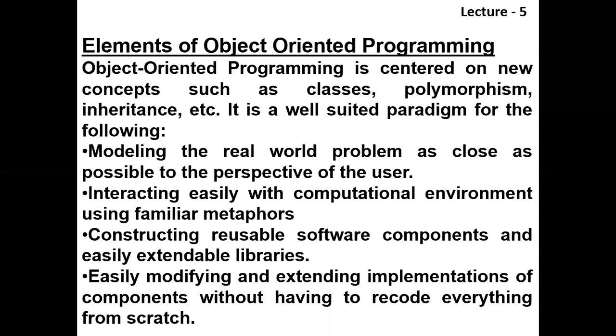This model is very close to real world problems, so it is easy to understand, interacts easily with the computational environment, constructs reusable software components, and easily modifies and extends implementations of components.